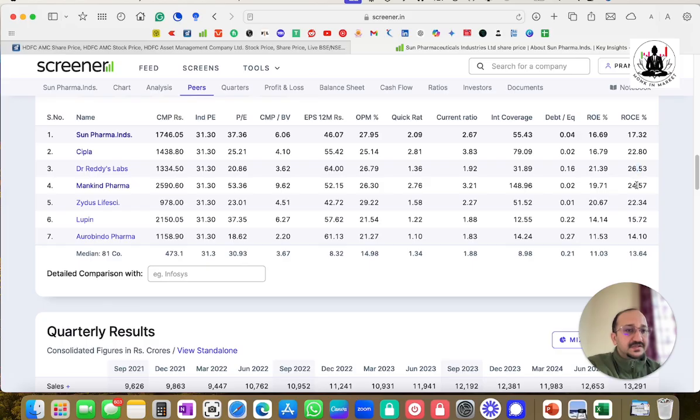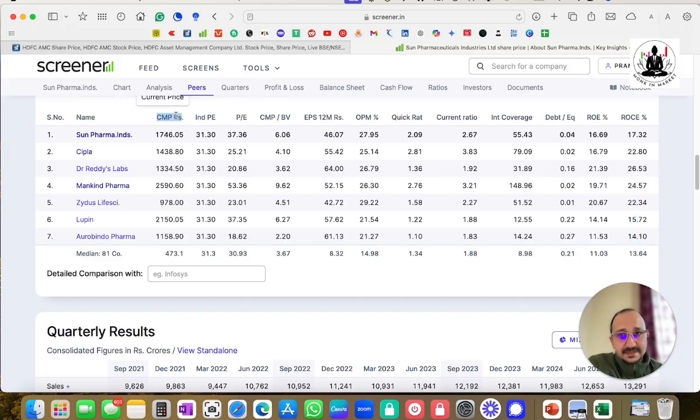So these are the average returns, right? The higher the number, the better it is. So let's see which company is giving better returns. In Sun Pharma we can expect 17%, Cipla 22%, good. Dr. Reddy 26%, 24%. So this is how the numbers are.